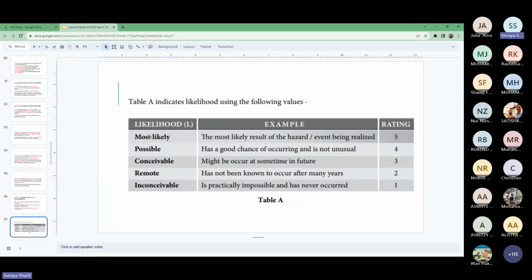First, most likely, the rating given here is 5. The elaboration is the most likely result of the hazard or event being realized. Next is possible, conceivable, remote, and inconceivable. Inconceivable represents practically impossible and has never occurred. And the rating value is this one.